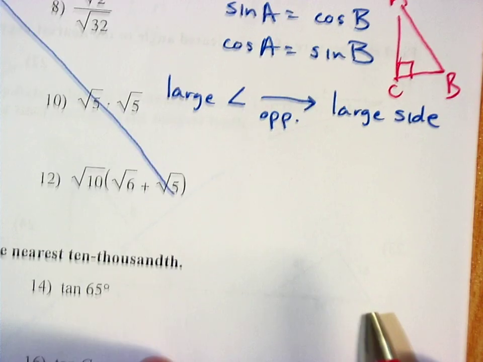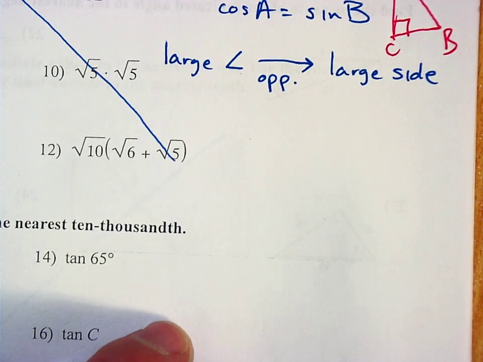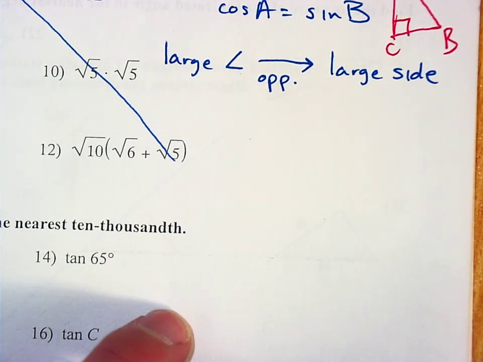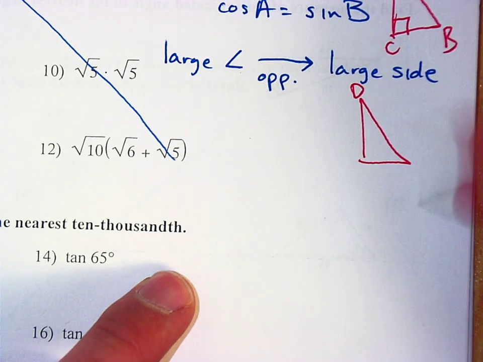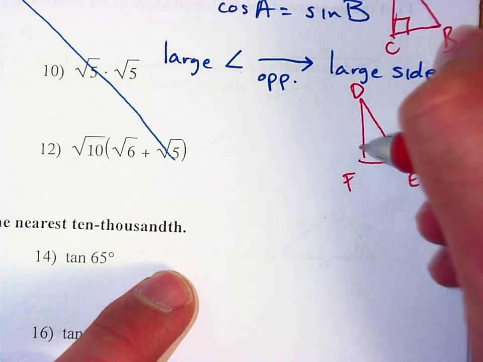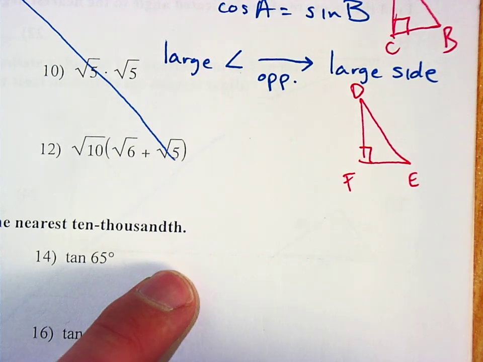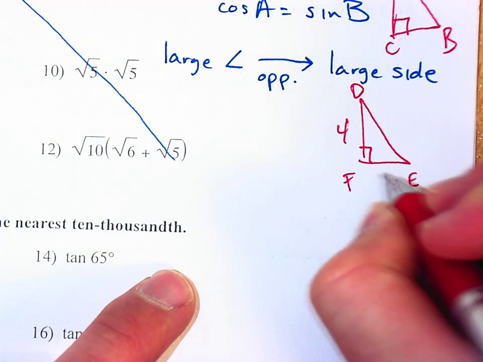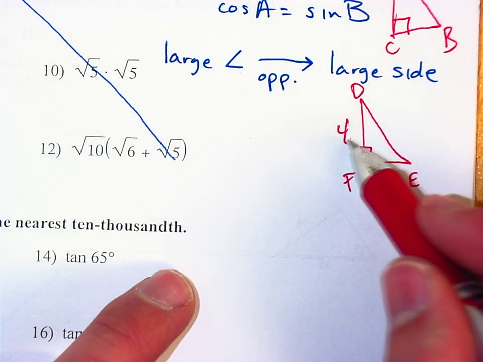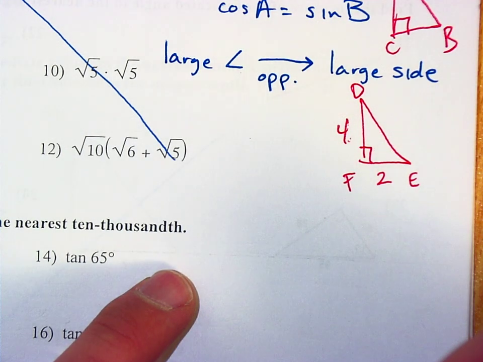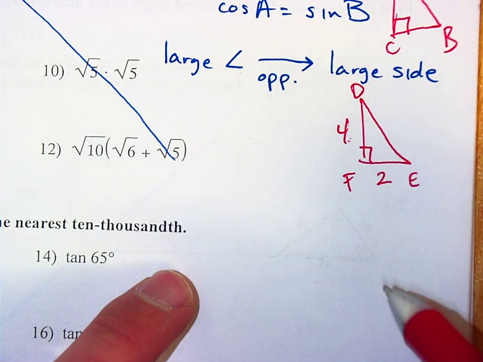And then we talked about how the larger acute angle is opposite the larger side. So if I had a triangle, I'll call this DEF because we already used A, B, and C, and I had sides 4 and 2, well, 4 is the larger leg.